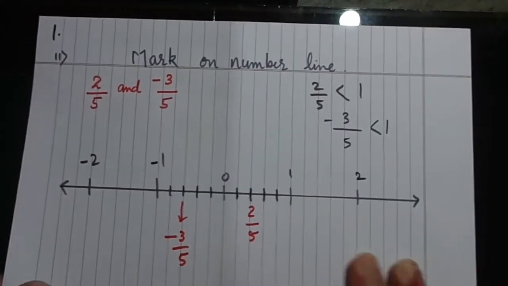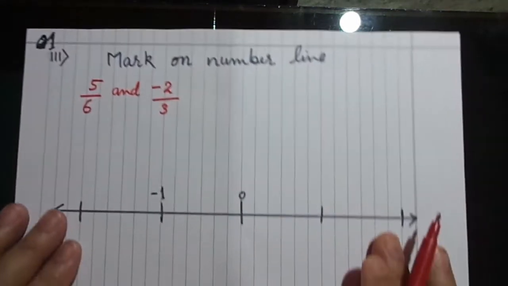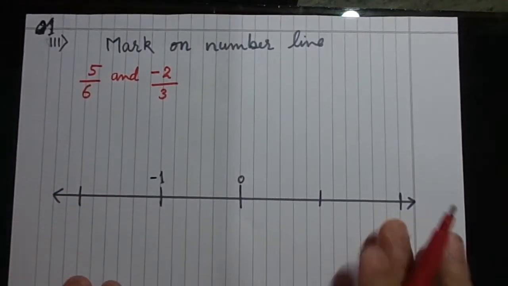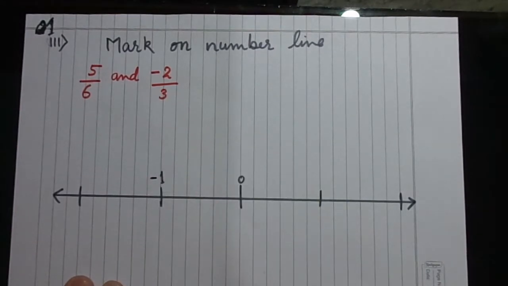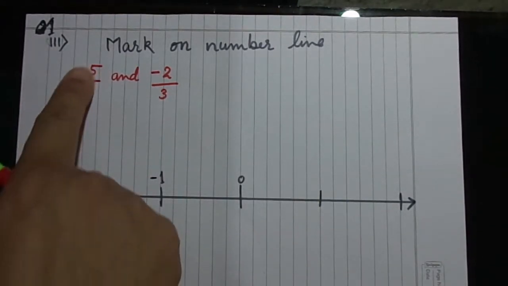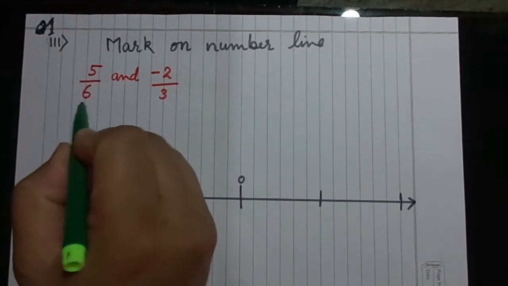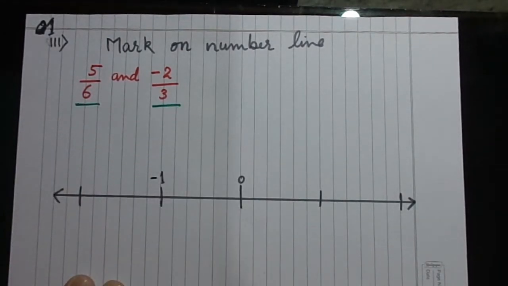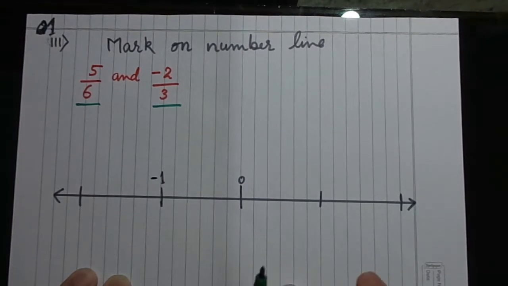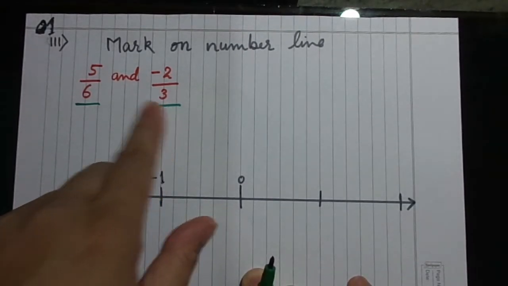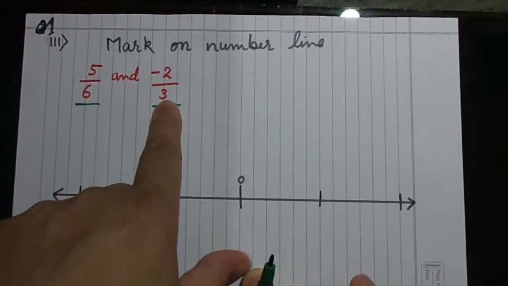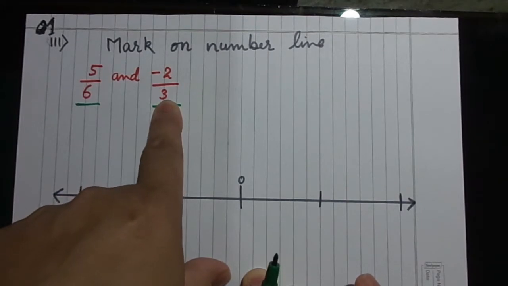Let's come to number 3. We have to mark on number line. What to mark on number line? 5 by 6 and minus 2 by 3. So when you have these kinds of sums having different denominators, we need to convert them to the same denominator, isn't it?